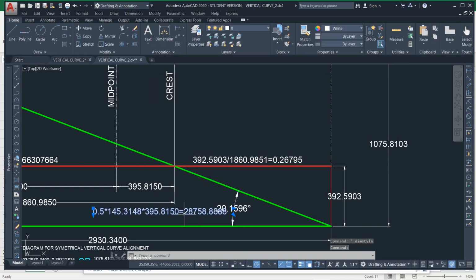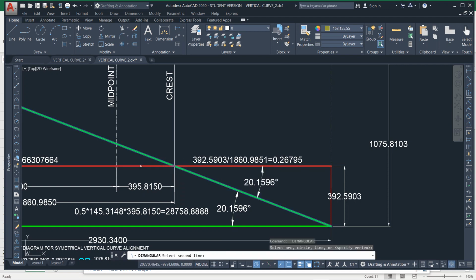So now we have an angle there, and then let's do the same thing there. See, those are all the same angle, right?